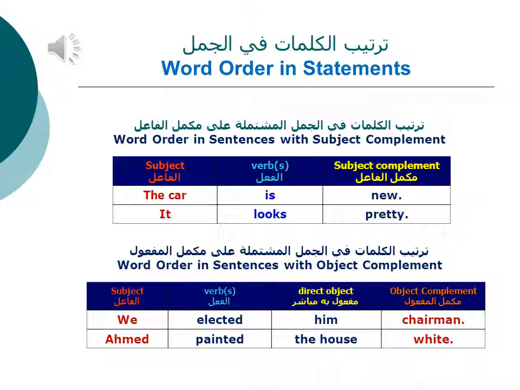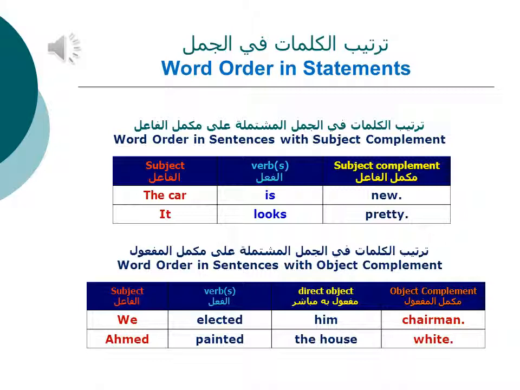The two tables show you how to put words in a proper order in sentences with subject complement and in sentences with object complement. Let's look at the first table.